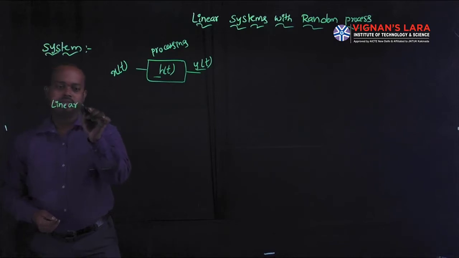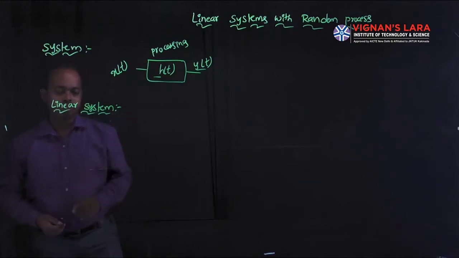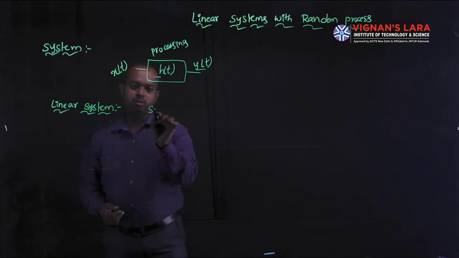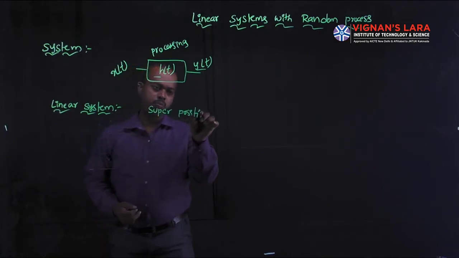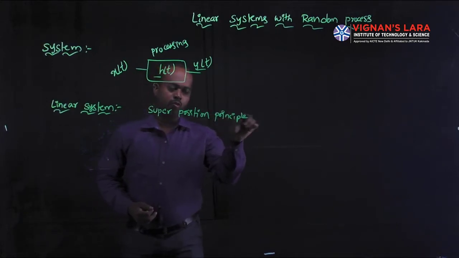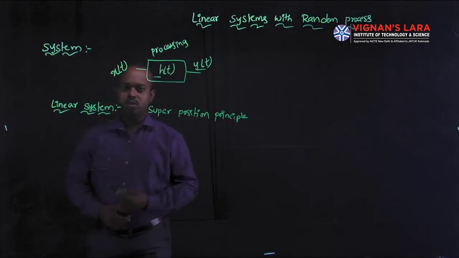Now coming to the linear system. What is a linear system? A system that satisfies the superposition principle is said to be a linear system.